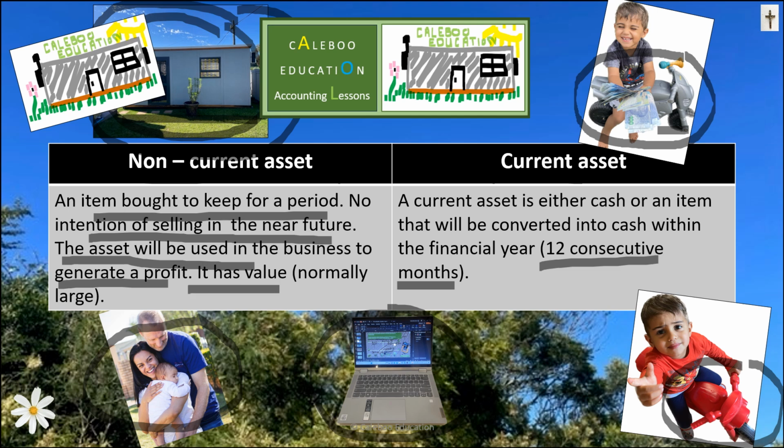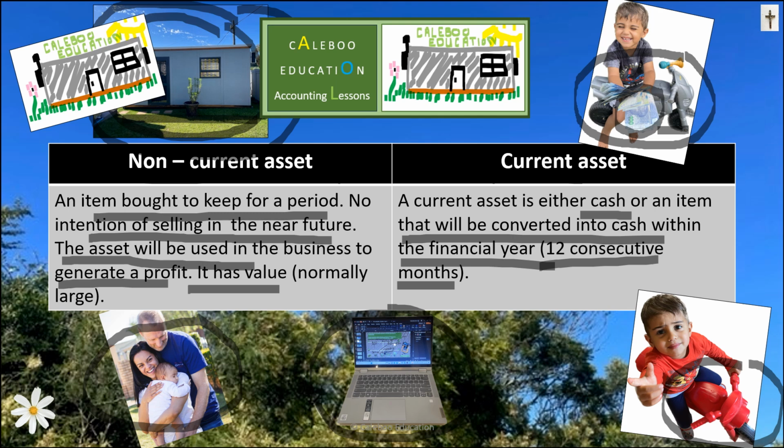and normally these non-current assets have value. Then a current asset, there's an example there of Caleb with his cash. An example of a current asset is cash, or an item that will be converted into cash within the financial year, the current 12 months we are analyzing and looking at.